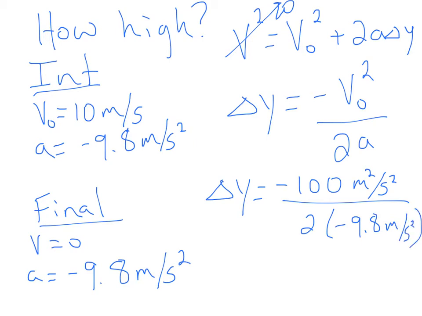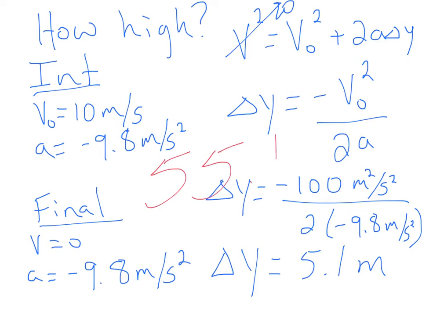And if you notice, the per second squared cancel, and a meter cancels with one of the meters, so we're just left with meters, which gives us the correct units. And this gives us 5.1 meters. So this tells us how high above the surface of the building, but we want to know how high above the surface from the ground, and so that will be 55.1 meters, and that is the height that we get above the surface of the ground.